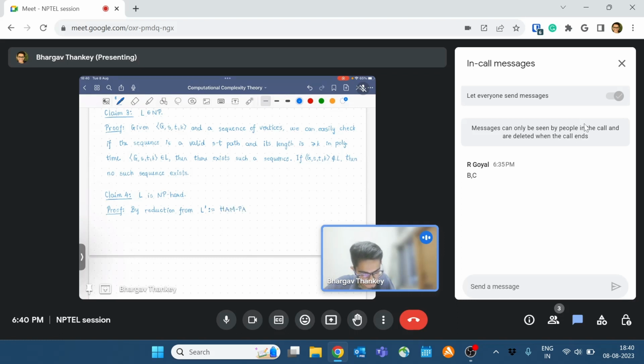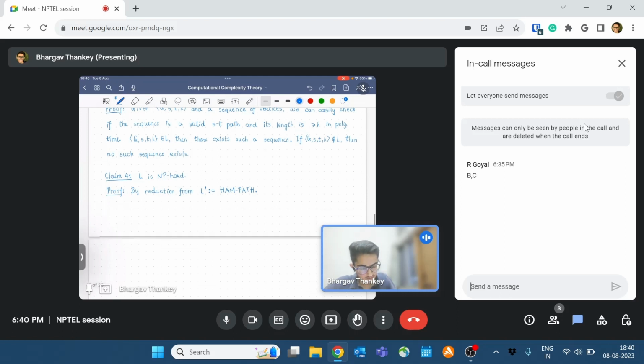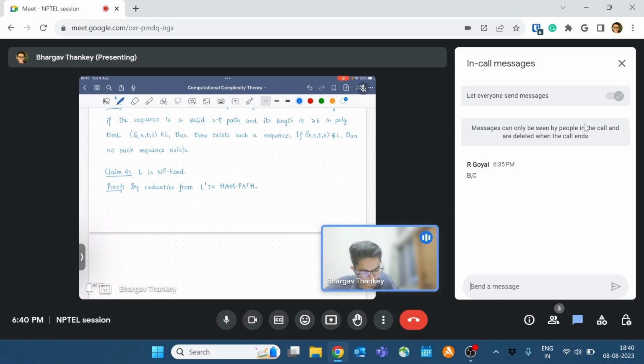I don't want to write the name again and again, so I'll just call it L prime. The reduction is as follows.